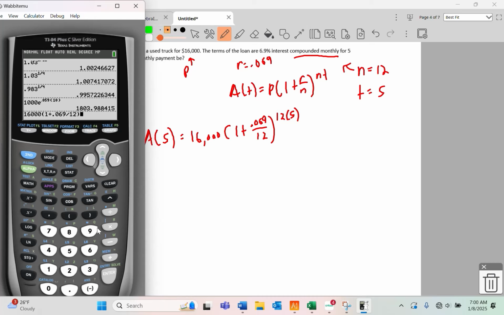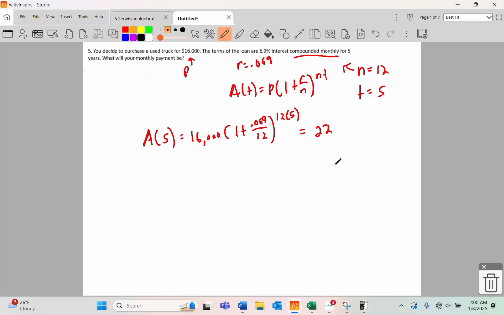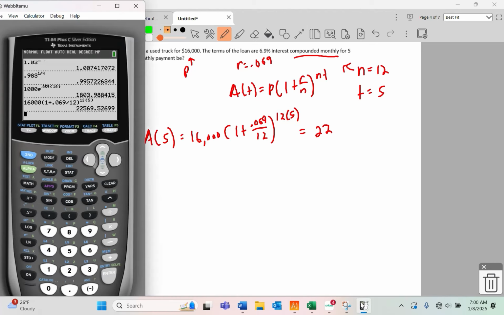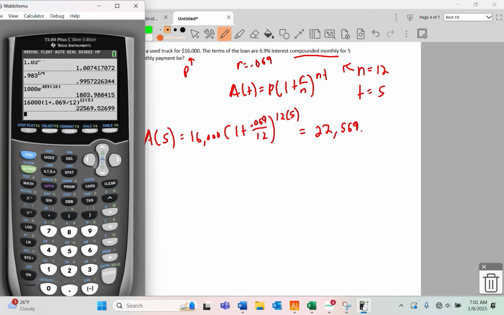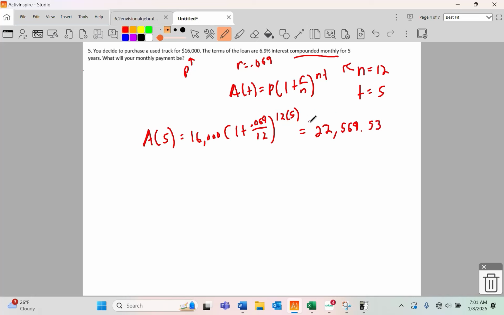And if I don't know that 12 times 5 is 60, I can just type 12 times 5. But anyways, this is what you have to pay back. It's $22,569.53. And forgive me, I'm pretty tired, so my short-term memory is horrible right now. $22,569.53. This is what you owe.